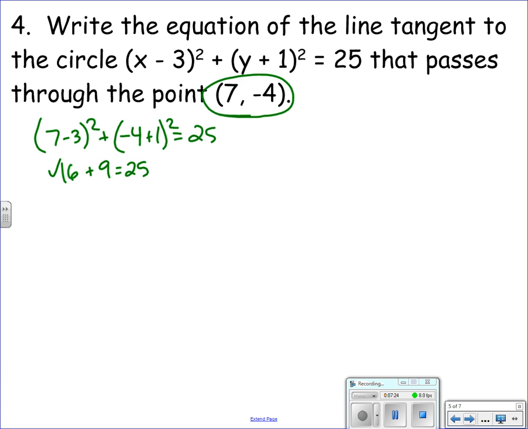Let's draw again another picture of what we have just to help you guys visualize what we're doing. The center of our circle is (3, -1). Radius is 5.